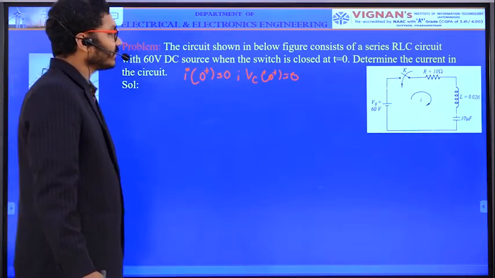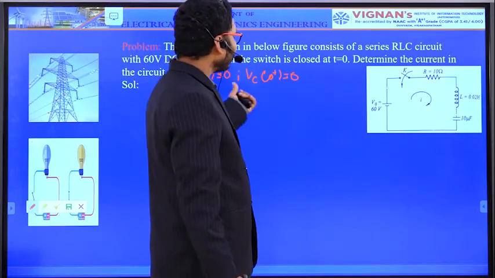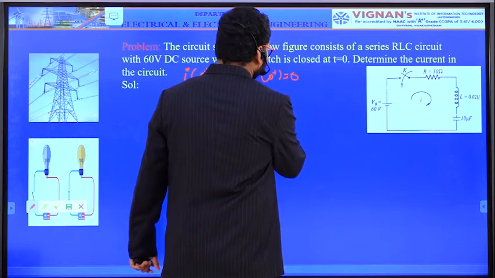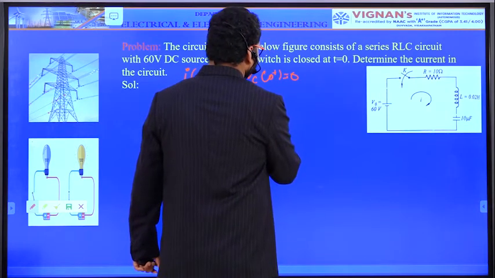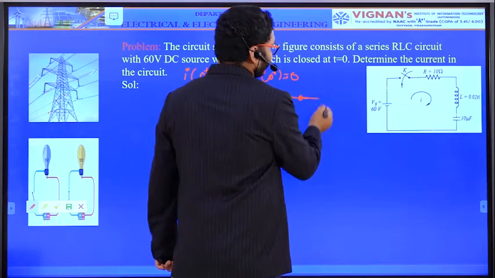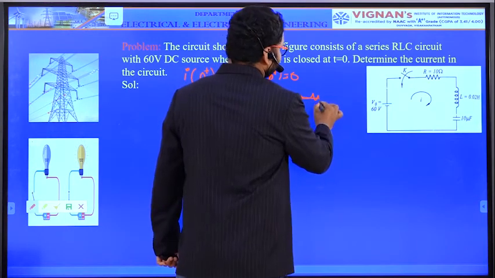Suppose you want to find all the initial conditions. At t equals 0 plus the circuit is looking like this, the circuit is closed. This is the resistance.